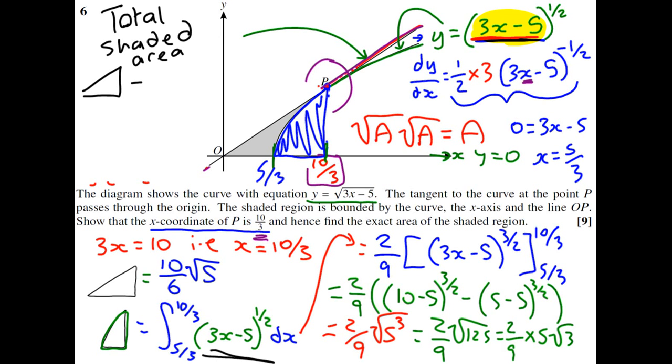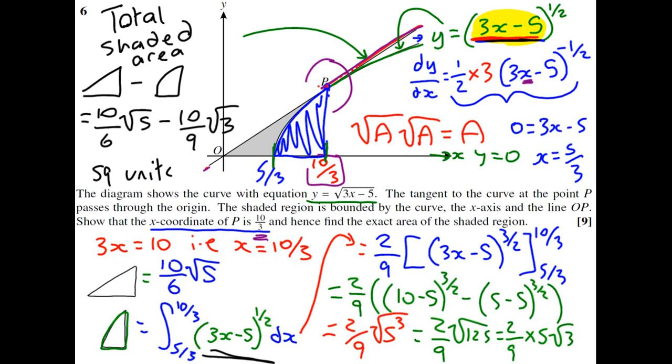We're going to take away the curved thing, I'm not very good at drawing curved things here, so we get 10 over 6 root 5 minus 10 over 9 root 5. Okay, square units.